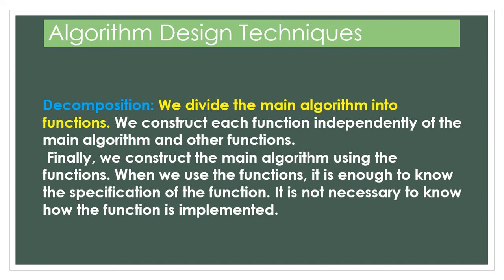So we construct each function independently of the main algorithm and other functions. So normally ஒரு அல்காரிதம்ல செட் ஆஃப் இன்ஸ்ட்ரக்ஷன் இருக்கும், ஒவ்வொரு அல்காரிதமும் ஒவ்வொரு ஒர்க் பண்ணும், எல்லாமே கொடுக்குற ரிசல்ட்டை நம்ம கம்பைன் பண்ணோம்னா ஃபைனலி we will get the result here. Okay, for each algorithm, for each function also it has its own specification.